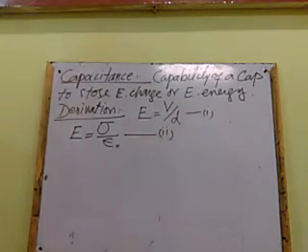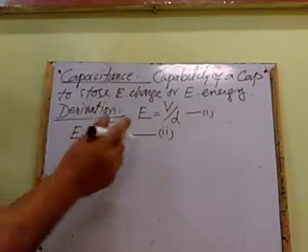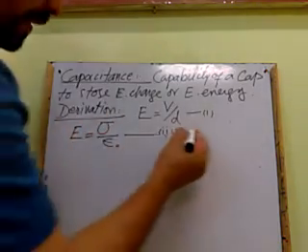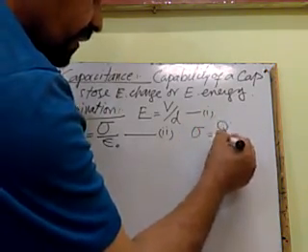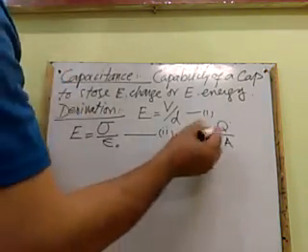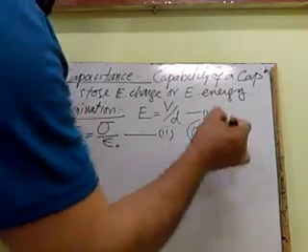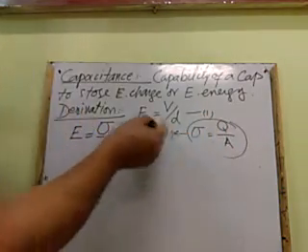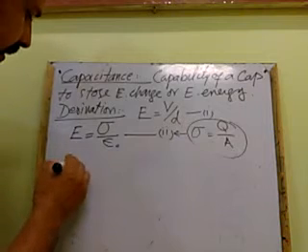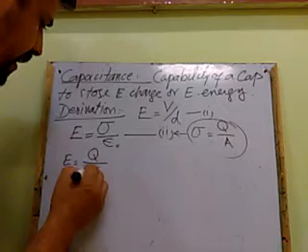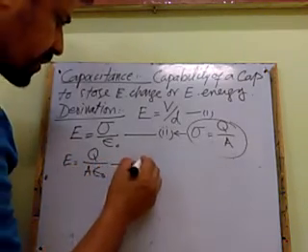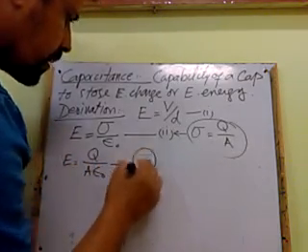Now, in equation 2, we have already explained sigma, charge density, as charge per unit area. We can put this value of charge density into equation 2, and we can write it like this: total charge Q divided by A into epsilon naught. This is equation number 3.